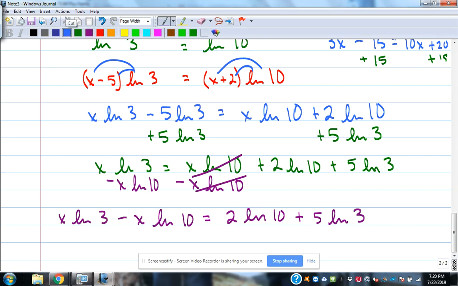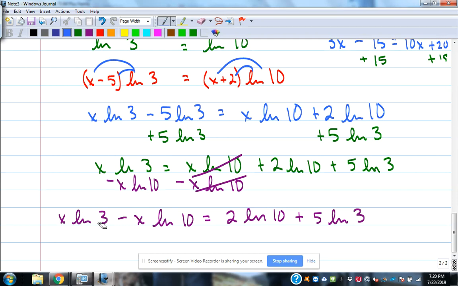Now, here's the tricky part to this. None of the rest of it was the tricky part. I know it seems like a lot, but it's not so bad once you've done a couple of these, and we'll do another one in just a second. All right, so on the left side, you got x natural log of 3 minus x natural log of 10. What do those two have in common?